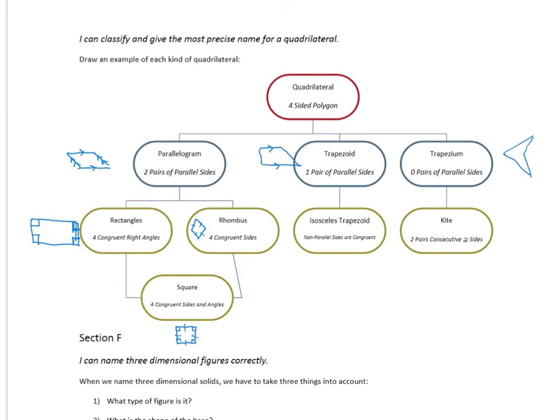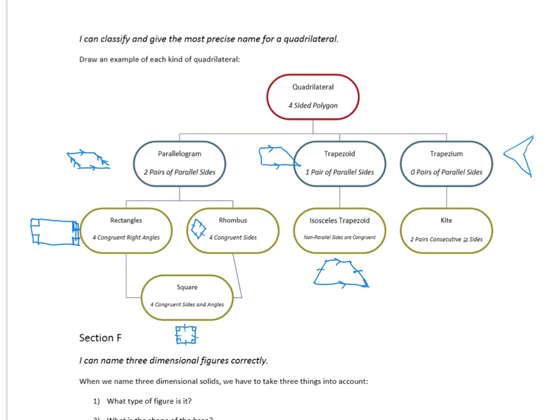Now let's look at our trapezoid. We have 1 special kind of trapezoid, and that's the isosceles trapezoid. That's the trapezoid you see in your head, right? It looks vaguely like this, I'm so sorry guys, these are awful. 1 pair of parallel sides here, and then the other pair, the non-parallel sides, happen to be congruent. So these guys would be congruent.